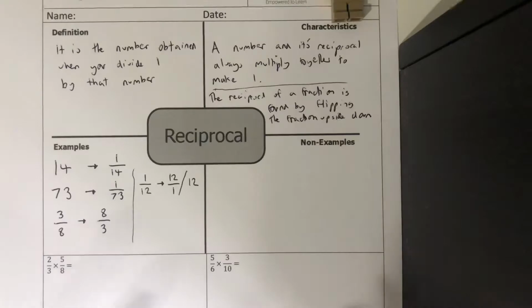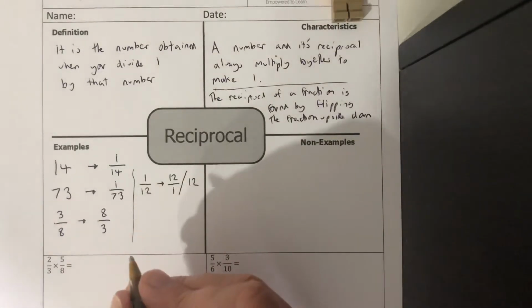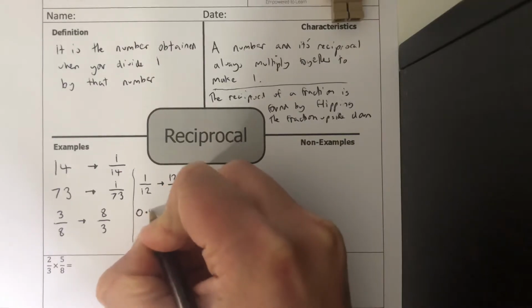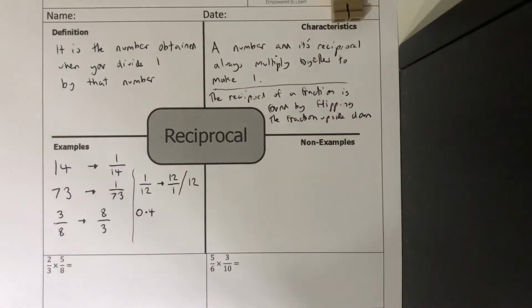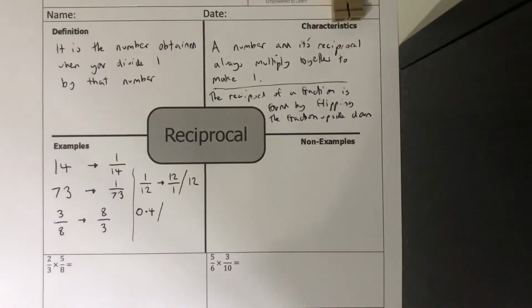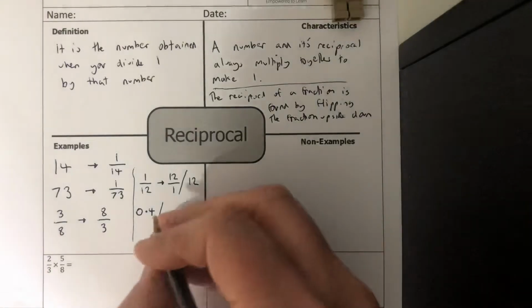The last example: if you ever did get a decimal, for example 0.4, I would not dream of writing 1 divided by 0.4. It's just not what you do, mixing fractions and decimals. Instead, turn the decimal into a fraction. 0.4 is 4 over 10.